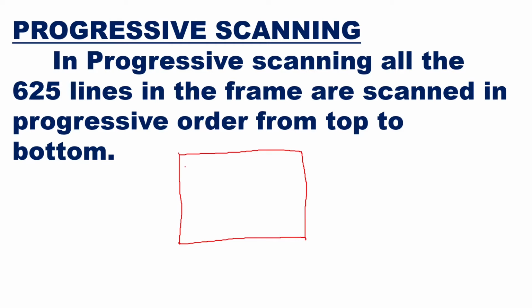You scan from the top left-hand side, first line to its end, then you have retrace, again scan, again end, again retrace, again scan. Like this, if you scan the complete 625 lines in progressive order from top to bottom for every picture, it is called progressive scanning.